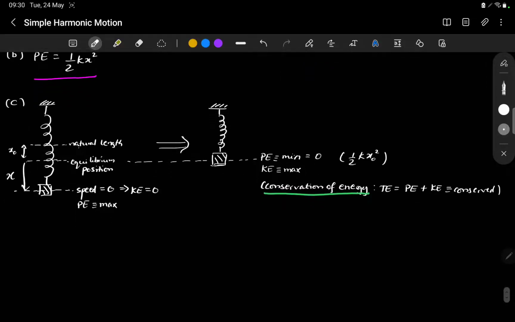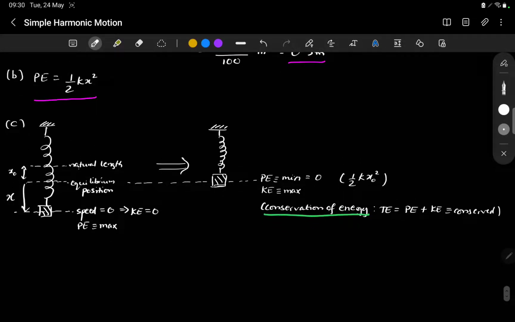So let us now solve this. We have the maximum potential energy at this point.